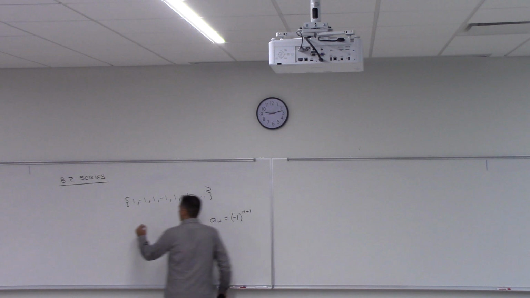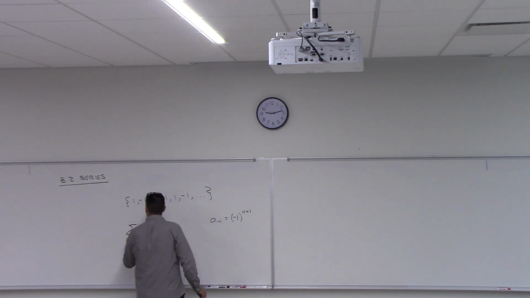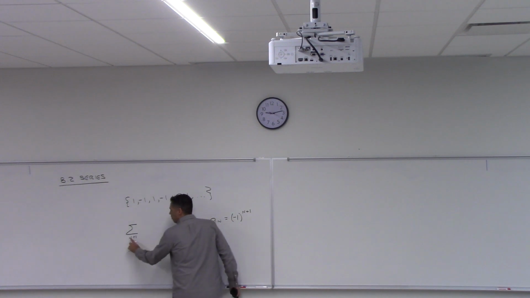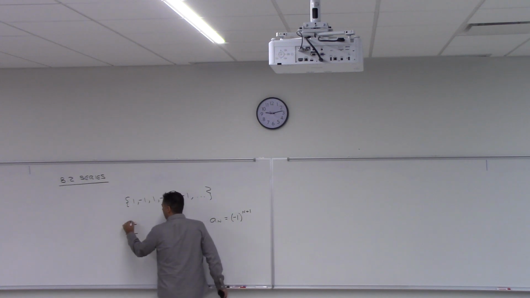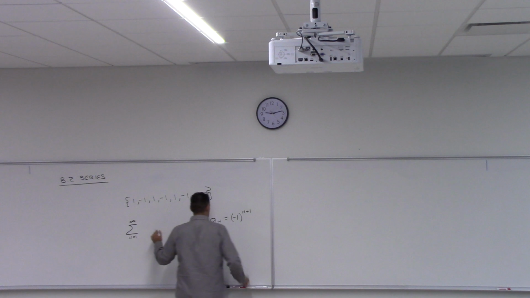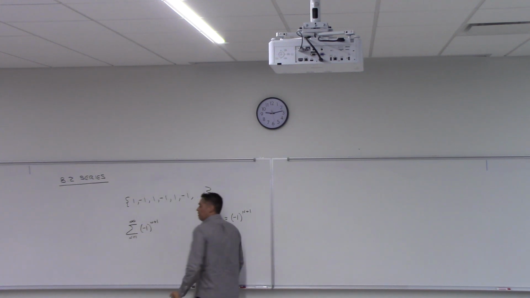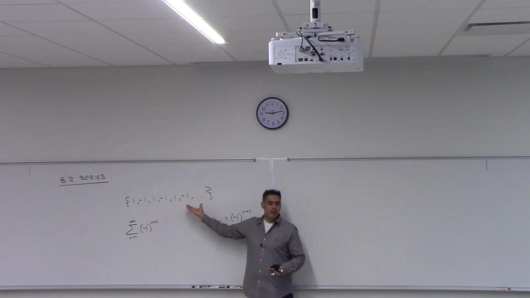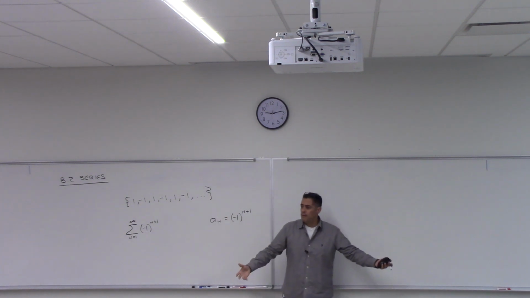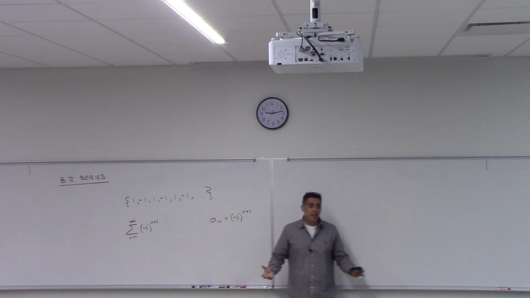So what I'm asking is, if I were to take the sum, and my notation is going to be a little different, I'm going to put the n equals 1 below, not out front, and then put infinity on top like that. And then I put this formula in here. The question is, what is it? Well, is this an infinite number of numbers? Yes. Does it add up to be an infinite thing?